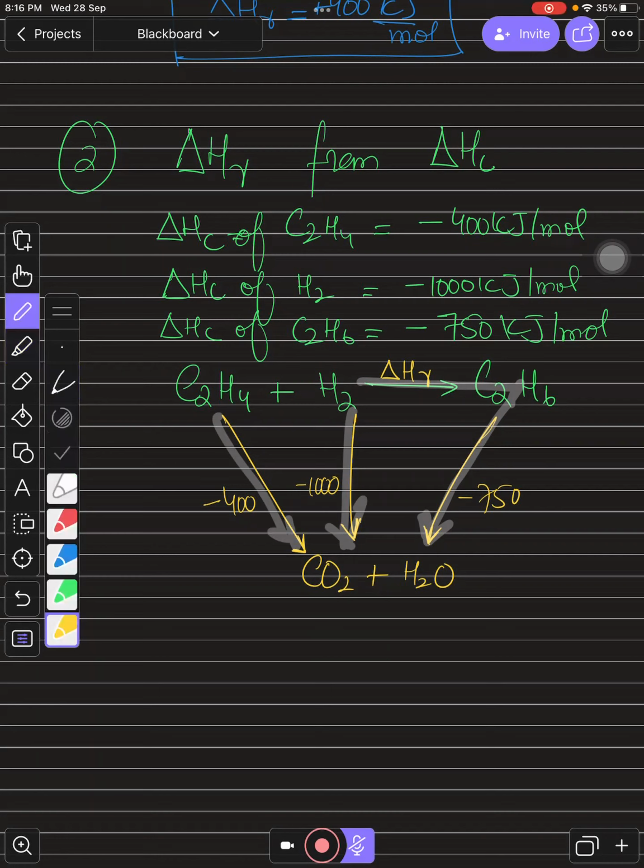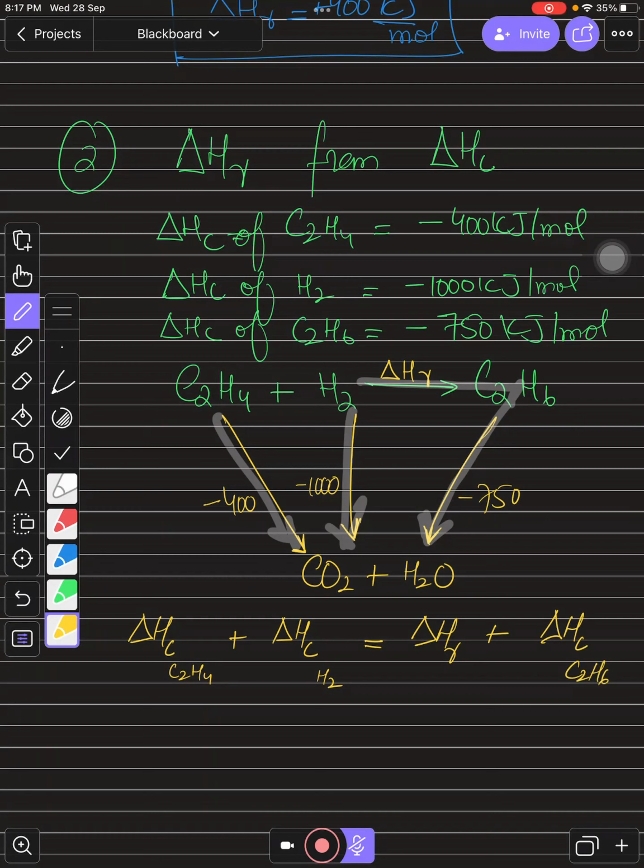So you can write over here that the enthalpy change of combustion of C2H4 plus the enthalpy change of combustion of hydrogen is equal to the enthalpy change of the reaction plus the enthalpy change of combustion of C2H6. Just put the values and get the answer.